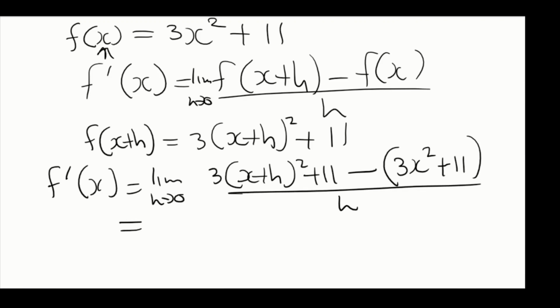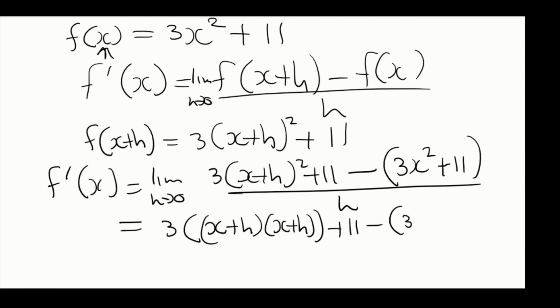So we're going to deal with what's inside. So it's going to be 3 into our x plus h multiplying with our x plus h, plus 11 minus 3x squared plus 11, all over h.